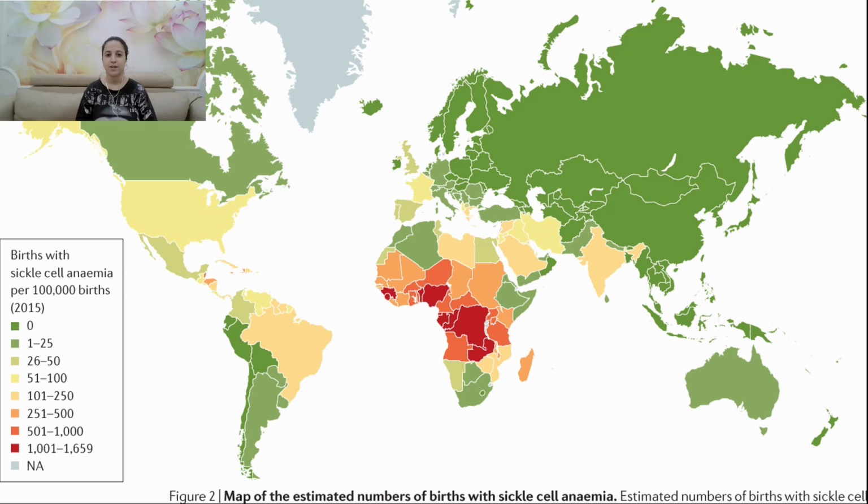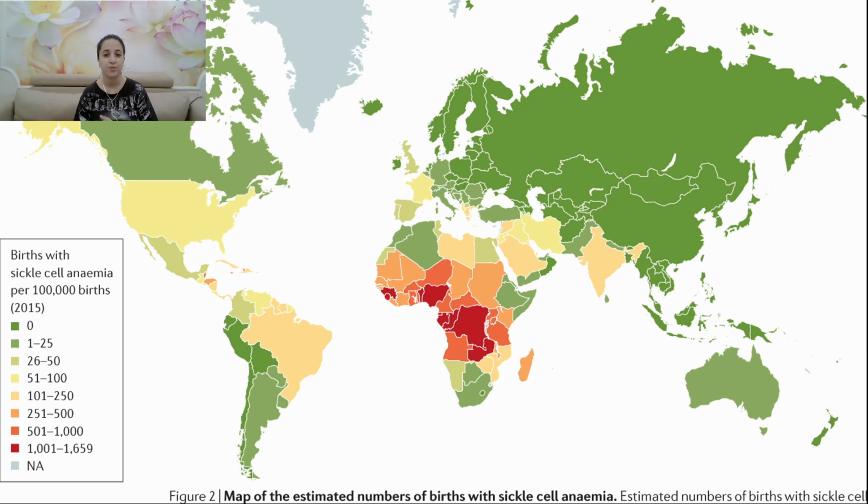So here on screen you can observe the prevalence of sickle cell disease throughout the globe. You would observe that a lot of countries in Africa, then there's India, some part of South America. These areas have a higher rate of sickle cell anemia in their region. It's also important to note that these are countries which are endemic to malaria.